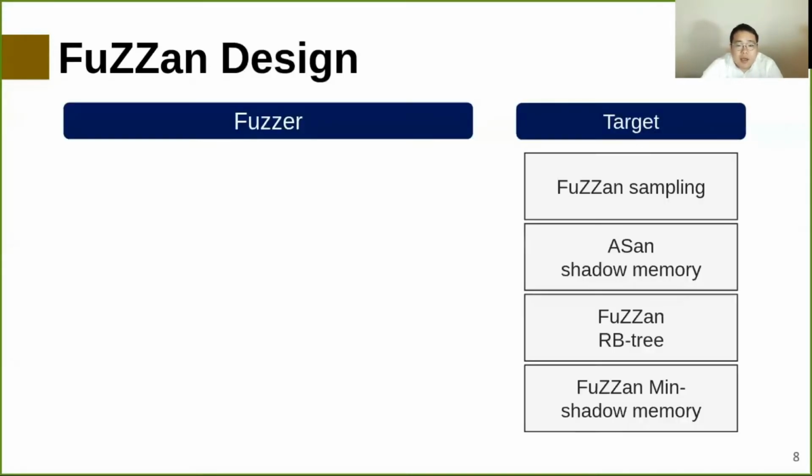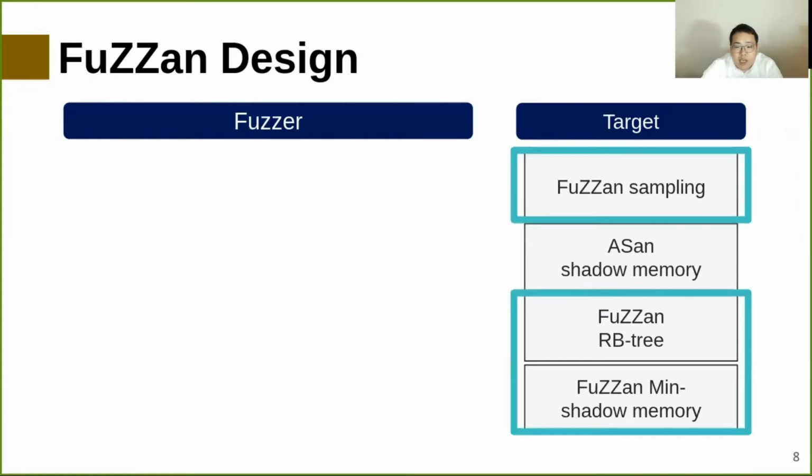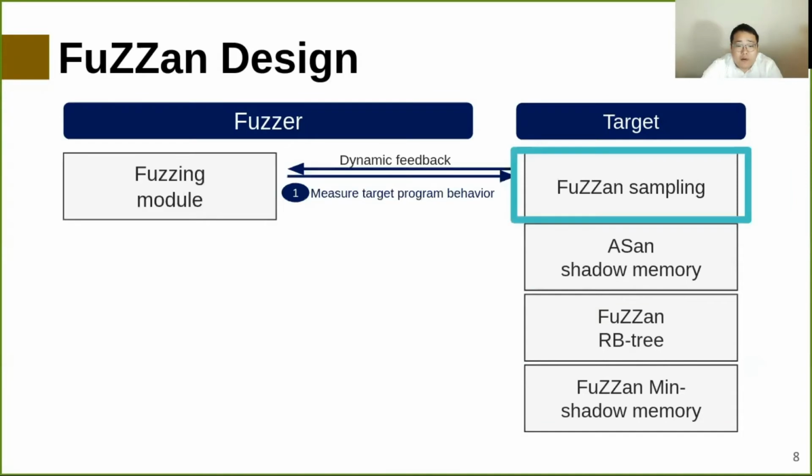What you see here is Fuzzan's overall design. Instead of Address Sanitizer's heavy shadow memory, we propose three different modes, including two lightweight metadata structure modes. During fuzzing, we periodically run our Fuzzan sampling mode and measure the target program behavior.